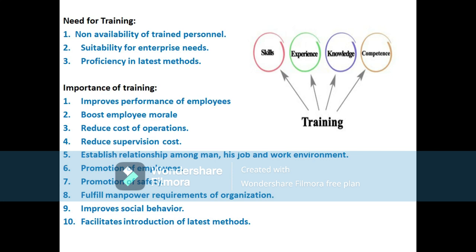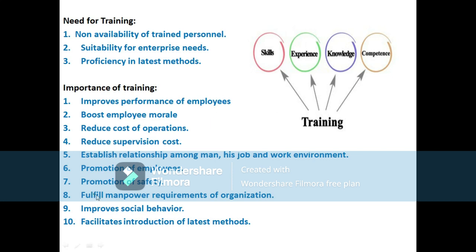By taking up challenges in their jobs and showing good performance, it ultimately results in promotion, higher positions. Thus training facilitates promotion of workers to higher jobs and increases their market value and earning power.